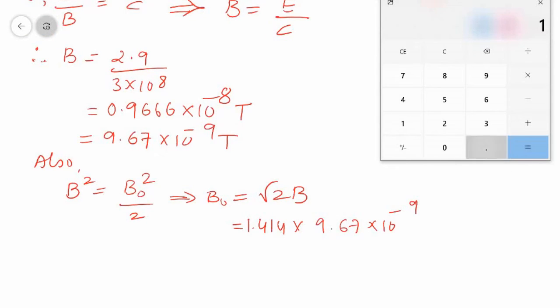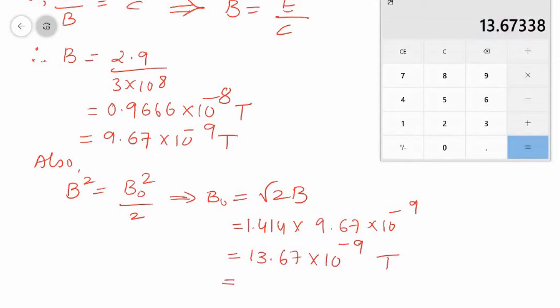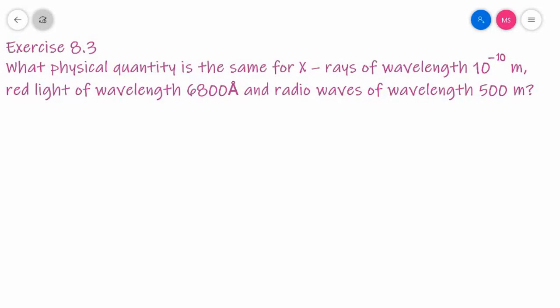So 1.414 into 9.67 is 13.67 into 10 raised to minus 9 Tesla, or you can write 1.367 into 10 raised to minus 8 Tesla. This will be the value of magnetic field.